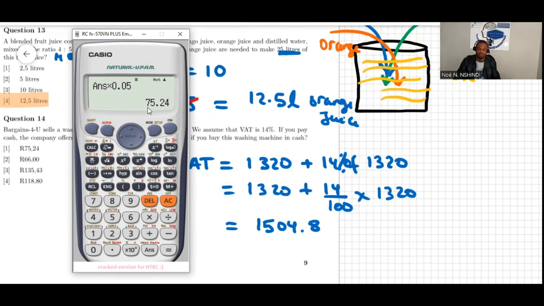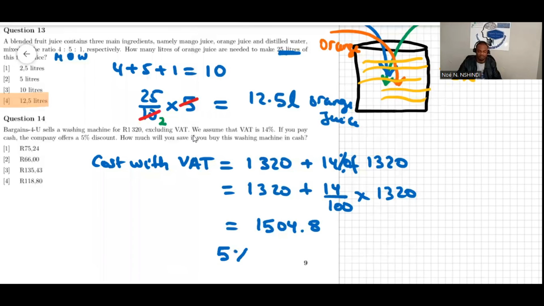So actually we save 75.24, because the total cost was this. The company offers you 5%, so you save 5%, so you're going to get 75.24. So 5% of 1504.8 is equal to 75.24. So it is actually alternative 1.